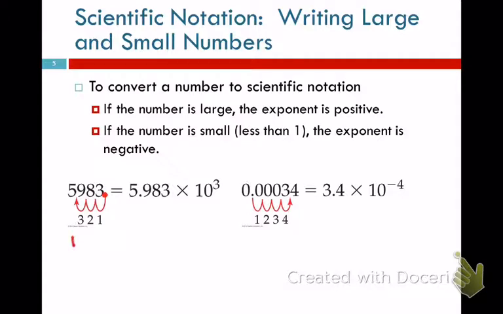That's 1, 0, 0, 0. So that's 10 to the third. So this in scientific notation is that number. A lot of times we just say if it moves to the left, it increases. If it moves to the right, it decreases. Increases means this number is going to be bigger, right? Decreases will mean this number is going to be smaller.